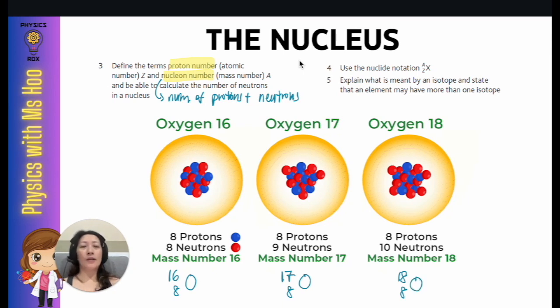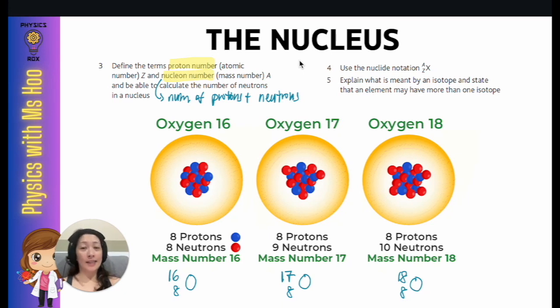Now, of course, you also need to know what an isotope is and state that an element may have more than one isotope. By now, you should know that isotopes are atoms of the same element with the same number of protons but a different number of neutrons or different number of nucleons. On this slide, you can see that we have 3 different atoms of the same element, but they have different numbers of neutrons or different numbers of nucleons.